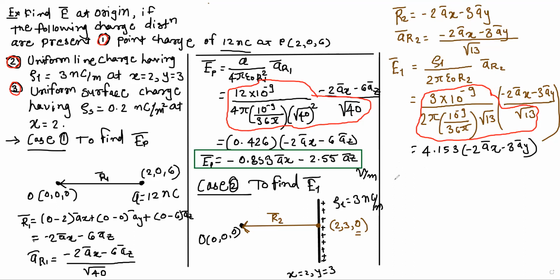And finally, what I could get here is E L bar is equal to minus 8.3 A bar X minus 12.48 A bar Y.